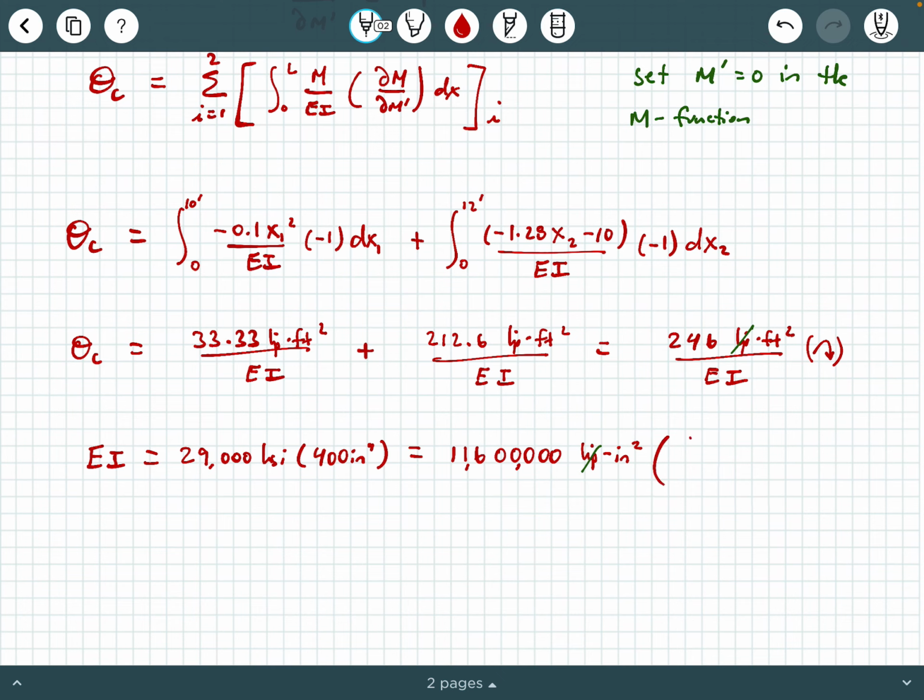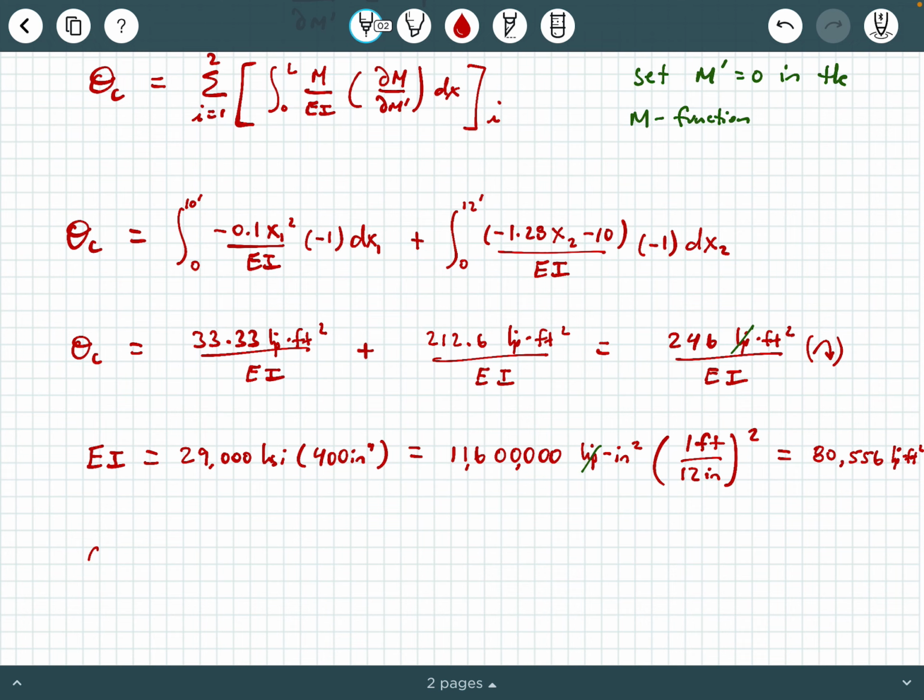So we're going to say times 1 foot over 12 inches, and we're going to square that. So we're basically dividing that number by 144, okay? And we get 80,556 kip feet squared.